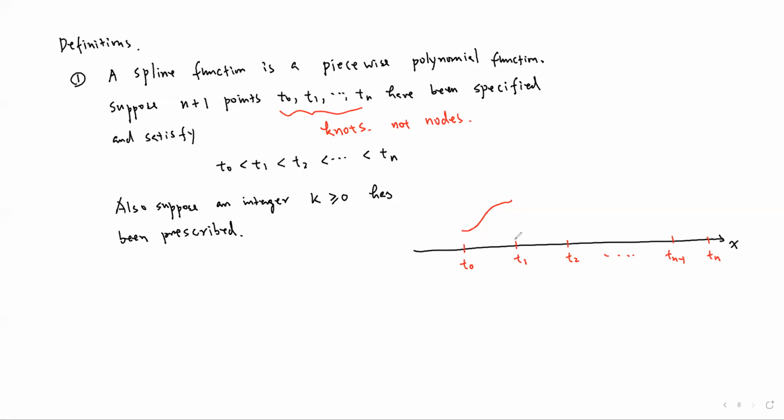Now over the interval from t0 to t1, construct a polynomial. Then over t1 to t2, construct a polynomial, degree is k. Over t2 to t3, construct a polynomial. Over tn minus 1 to tn, construct a polynomial.